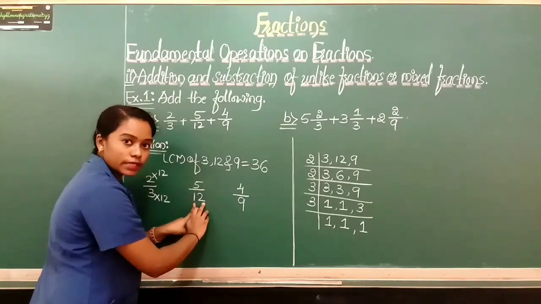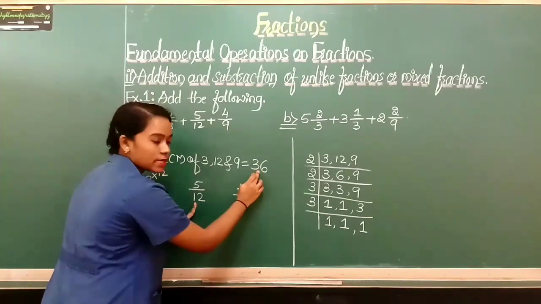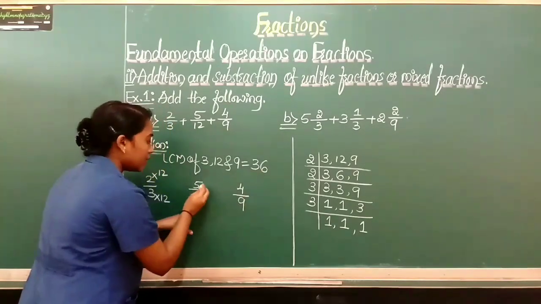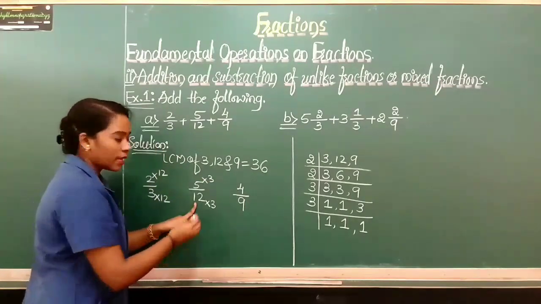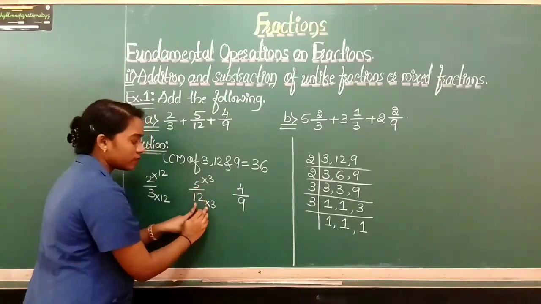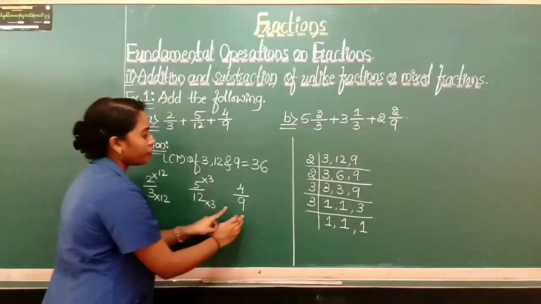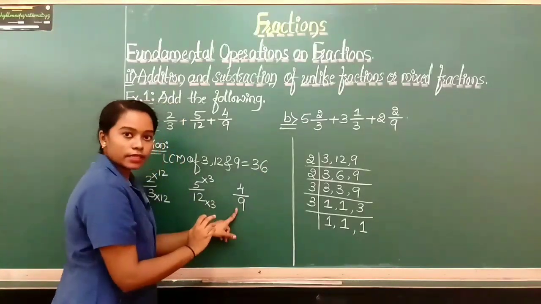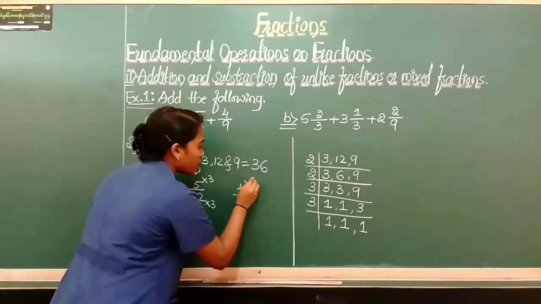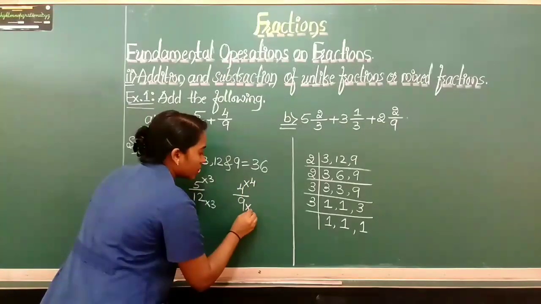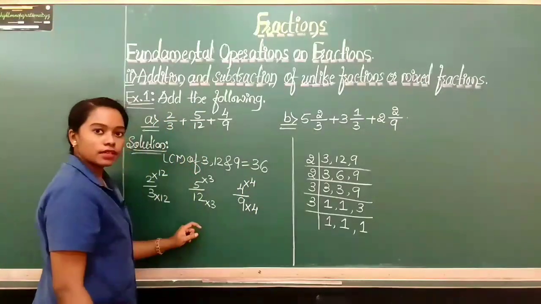We have denominator 12. 12 how many are 36? 12 threes are 36. Multiply that 3 to the numerator as well as the denominator. 9 how many are 36? 9 fours are 36. We have to multiply that 4 to the numerator as well as the denominator.